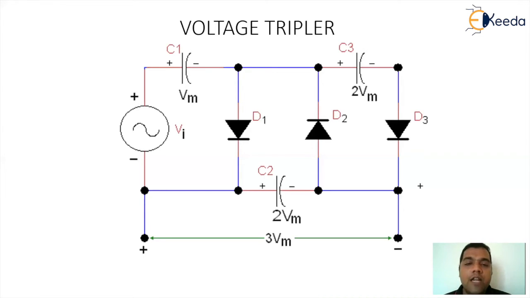When you see the voltage across C2, you will get 2 Vm. Independent voltage across C1, Vm. Independent voltage across C3, 2 Vm. But when I take the output across the capacitors C1 and C3 combined, the resultant effect gives you the value of 3 Vm. So this is the way you can get the effect of a voltage tripler.